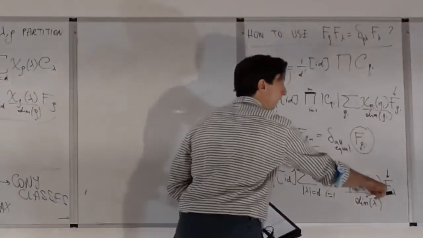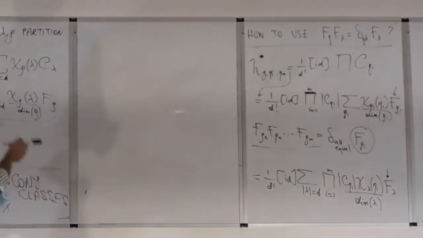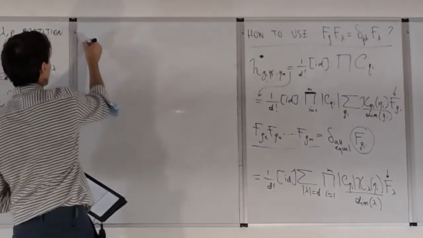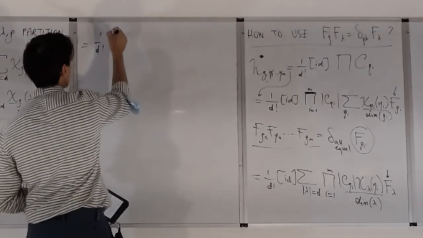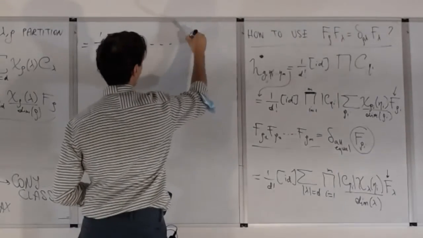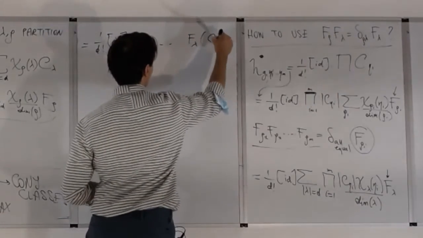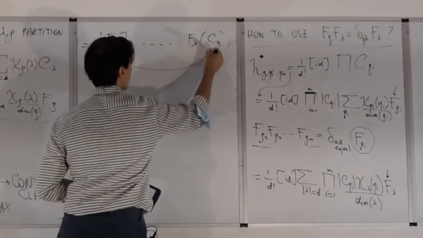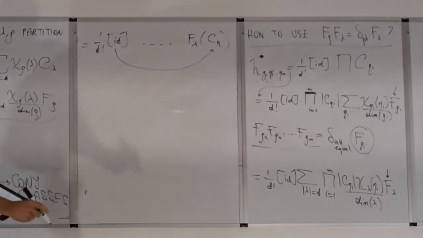But now you still have one. So what you do is you substitute back F equal to something in the C's. And so it's 1 over d factorial, and it's the same thing. And now you express the F in terms of the C again. And now you look for the identity in here, and then it's easy, right?